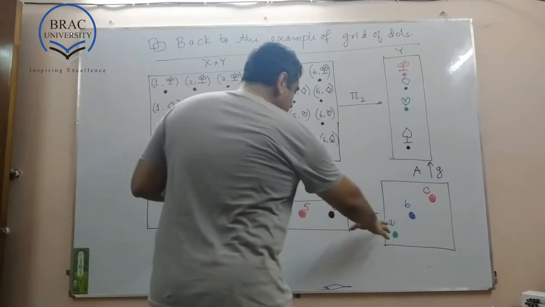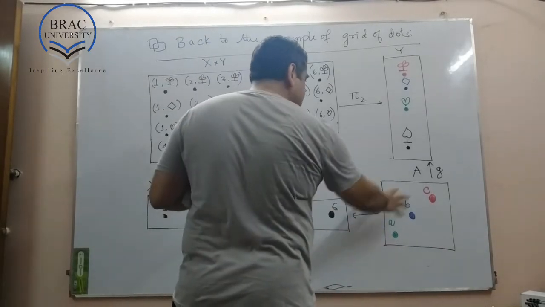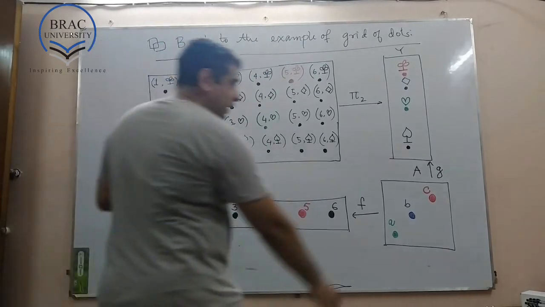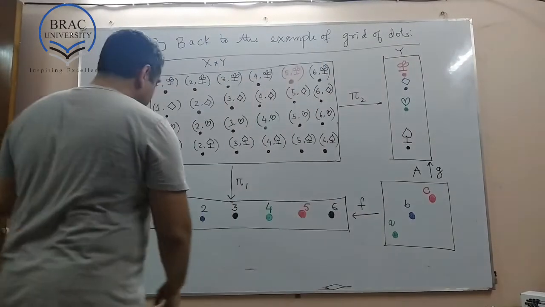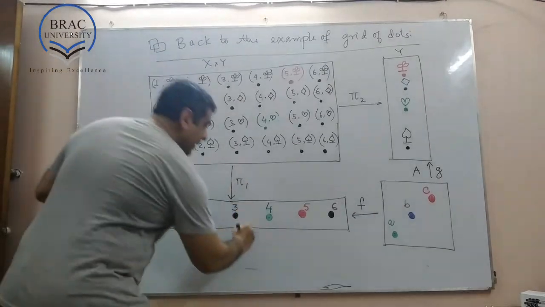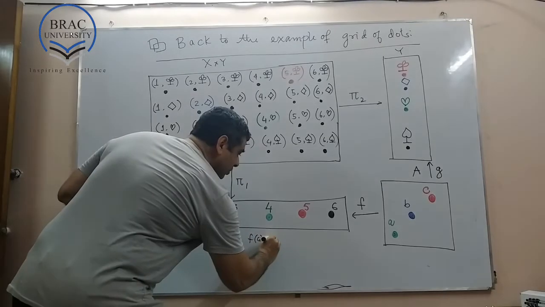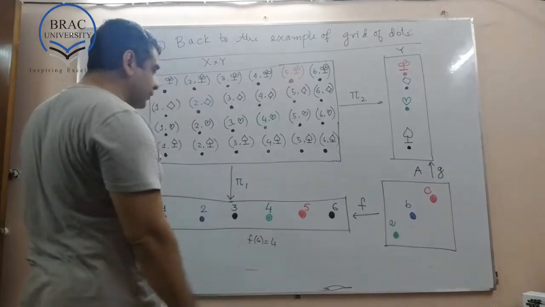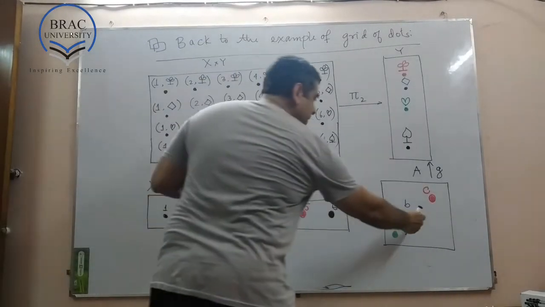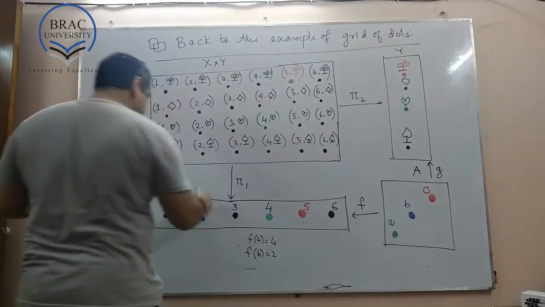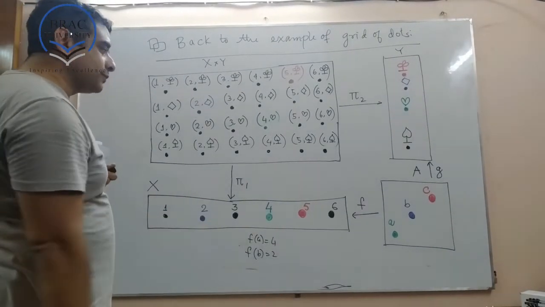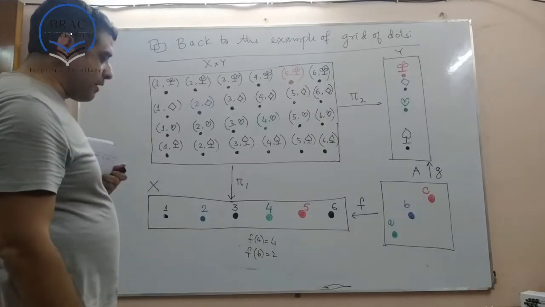Consider the function from A to X. A is mapped to 4, so this coloring means that f of A is equal to 4. And what is f of B? f of B is equal to 2 because B is in blue color. So 2 is the image of B under the function f.